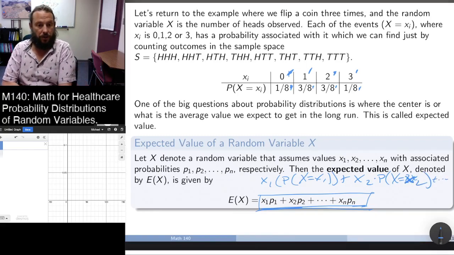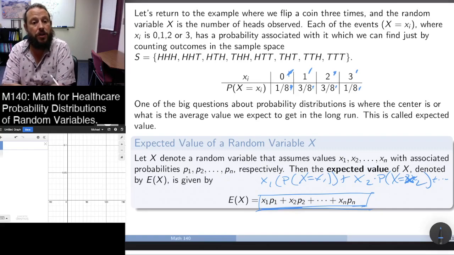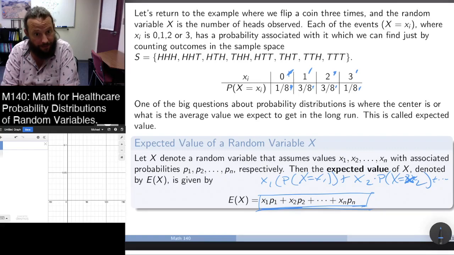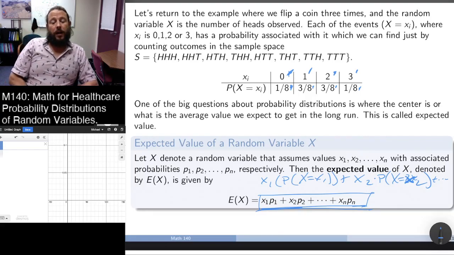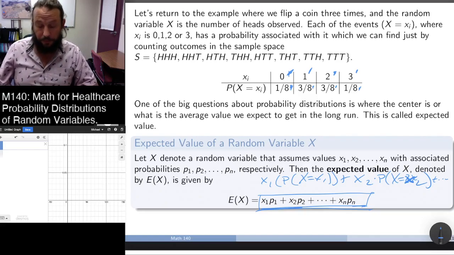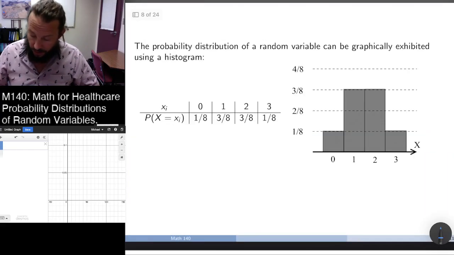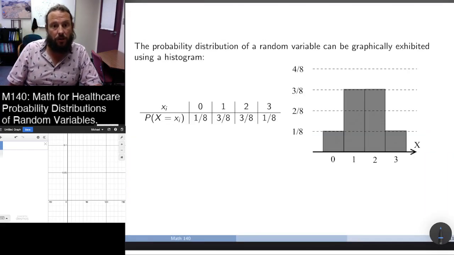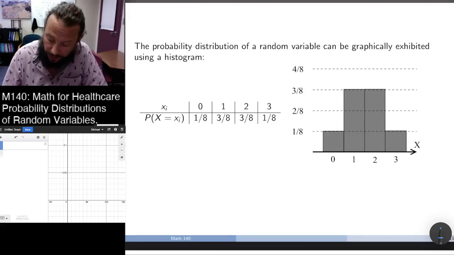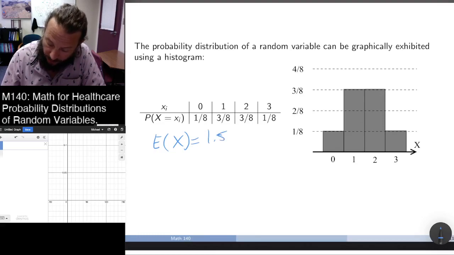This is our definition of expected value, and it gives us a measure of the long-term average, what we expect to get in the long run. And again, it doesn't have to be one of the integer values of x. Now, I want you to notice that we already calculated this expected value of x equals 1.5 heads when tossing 3 coins.